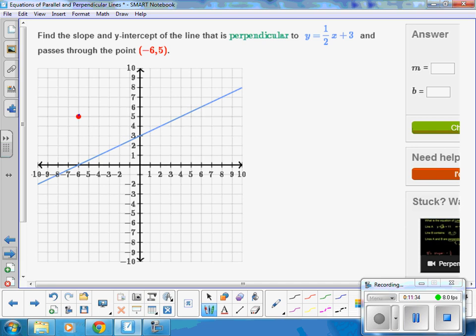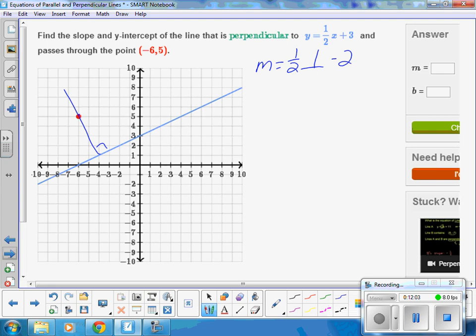That's going to go through here something like this, so that it's perpendicular. Well, remember, to be perpendicular, my slope has to be the opposite reciprocal. The slope in the given equation is equal to 1/2, so my perpendicular line is going to be a negative 2. Okay?